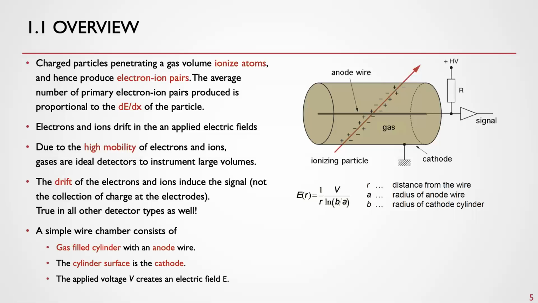Now, the simplest detector, as is shown here, consists of a gas-filled volume and an anode and a cathode that's on a different potential.